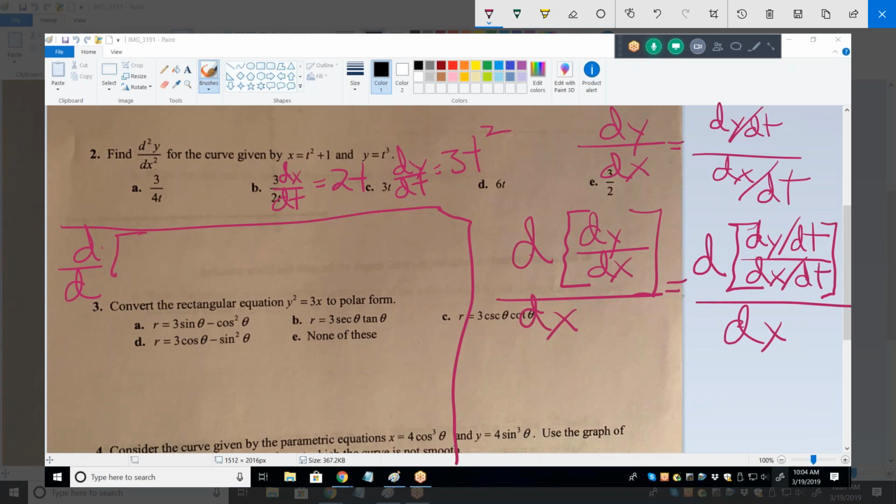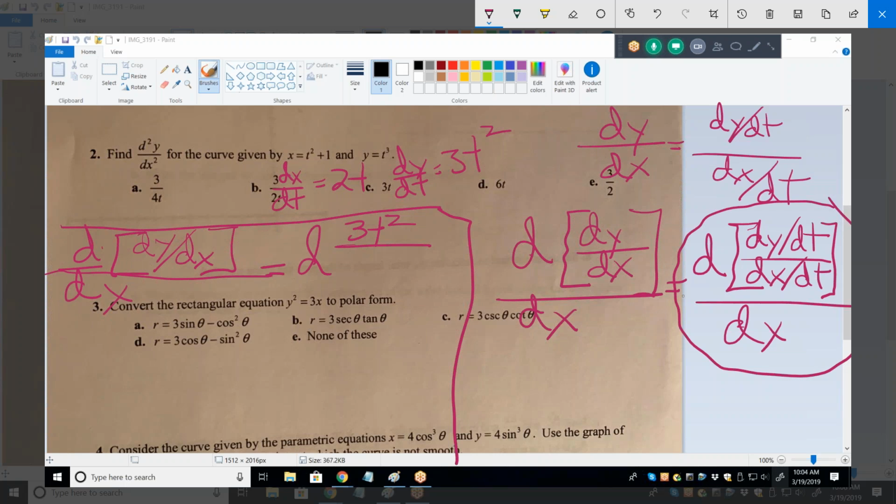d of dy dx that way. Okay, I know our answer is right there. I just got to plug in everything. So, it's the derivative of 3t squared divided by 2t with respect to x.